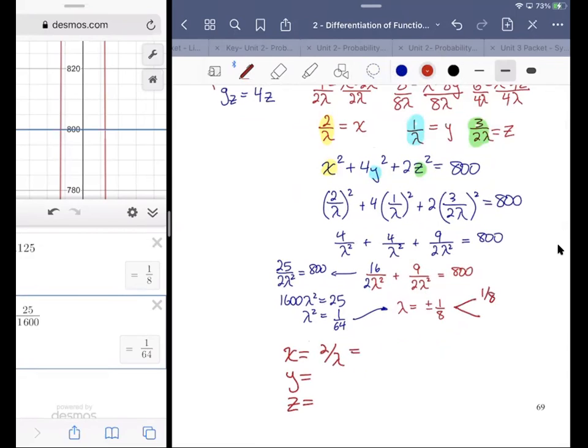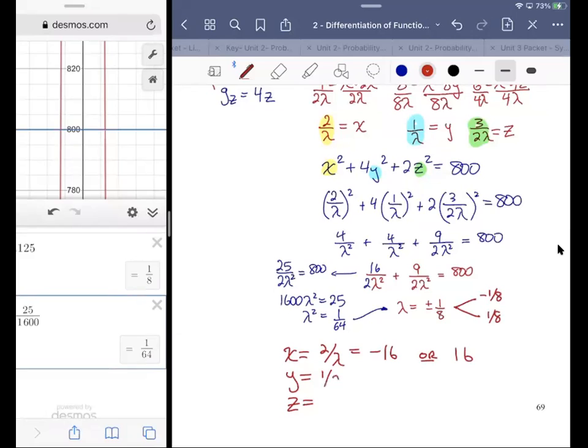So we have the 1/8. I'll do negative 1/8 first, actually. Smallest to largest. All right. 2 divided by negative 1/8 is going to be negative 16 or positive 16. We'll keep change flip action.